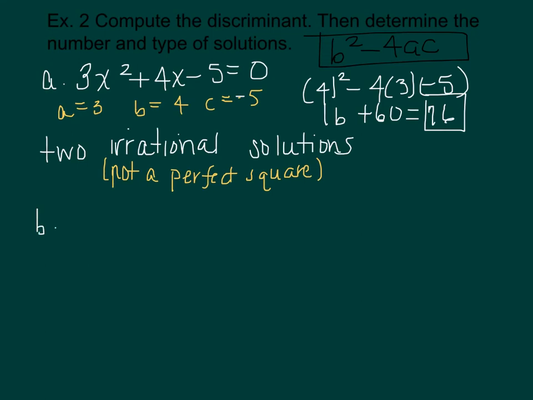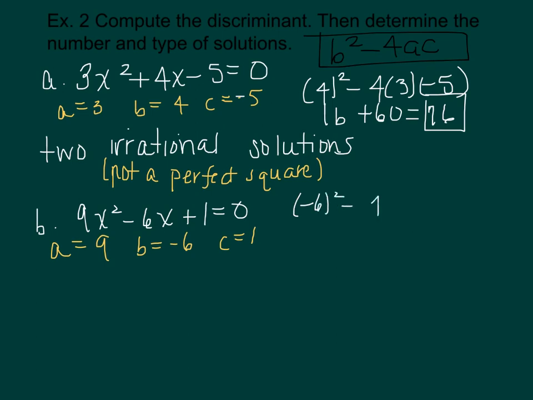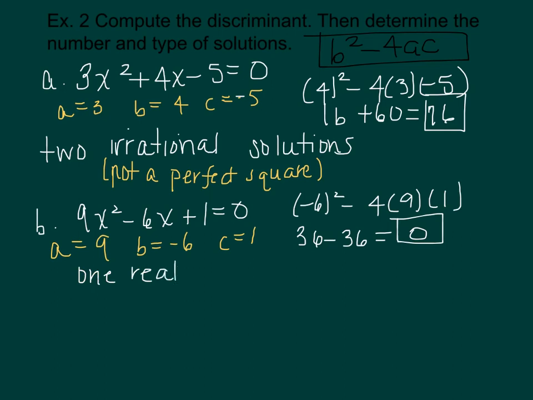Okay, B, 9x squared minus 6x plus 1 equals 0. A is 9, B is -6, and C is 1. So applying the formula, b squared minus 4ac. So I get 36 minus 36, which equals 0. So because it equals 0, then it's one real solution.